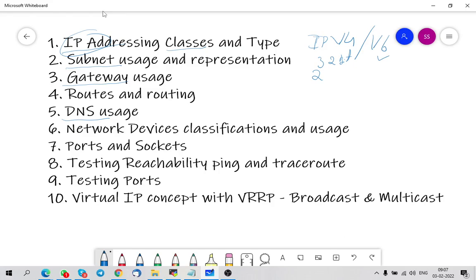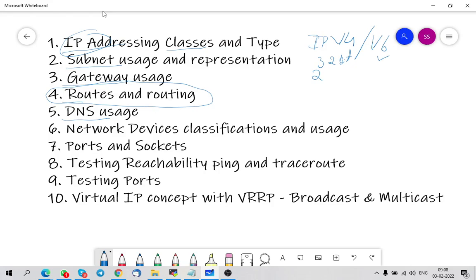I will explain in detail. It comes in the routing part, that is, how packets get routed. For devices communicating with each other, it is mandatory to identify their network for routing purposes.